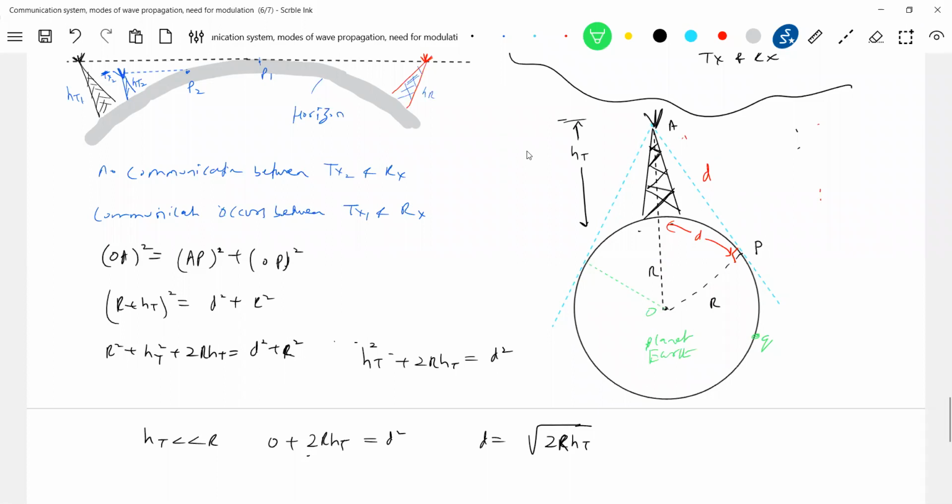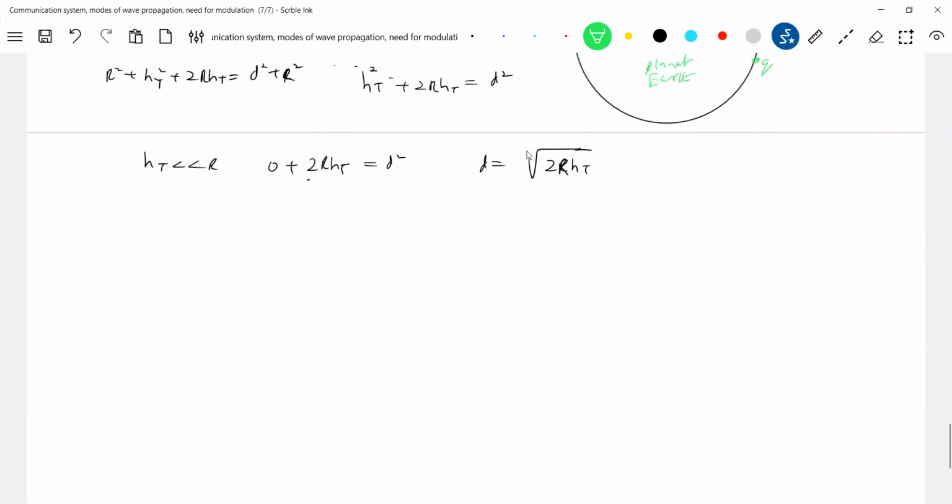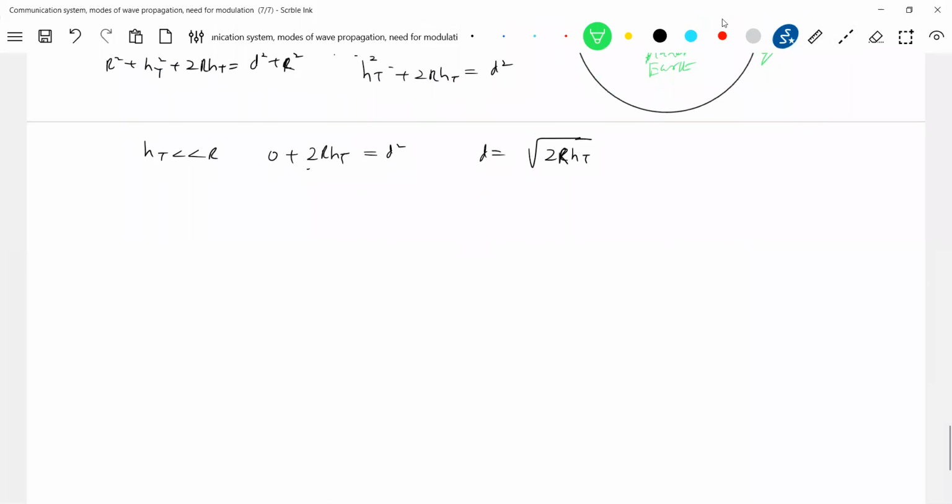If you are there, you are going to receive the signal emitted by that particular antenna. So I'll project this in the form of a plane diagram. If there's an antenna, I'll draw a circle.